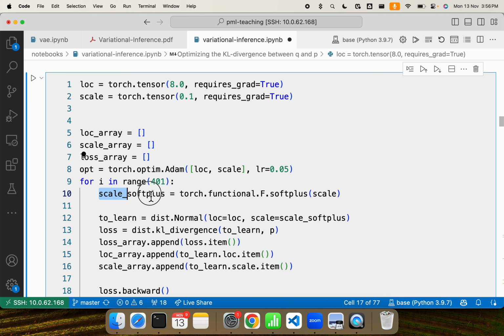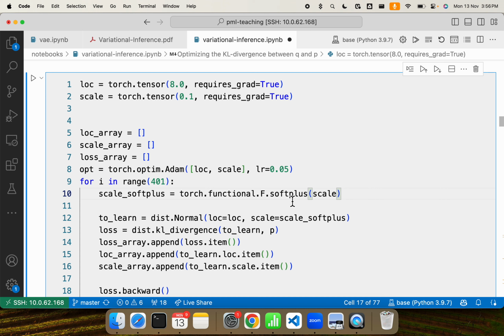Why do you think I'm using scale softplus equal to torch.nn.functional.softplus of scale? Gradient descent like methods, they typically like to work in what space? Constrained, unconstrained? Unconstrained. But a scale is a constrained factor, right? We can't make it less than 0.